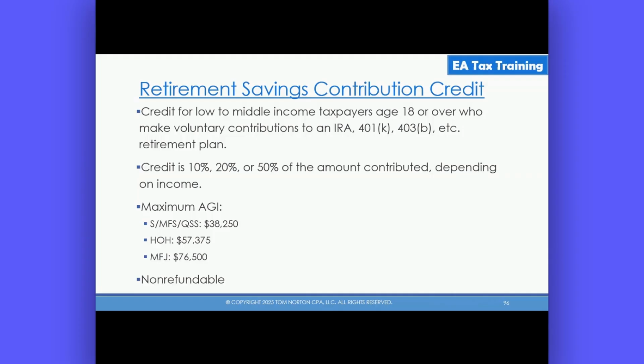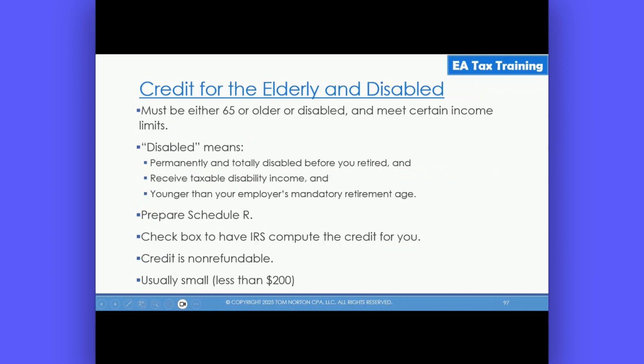This is only allowed for people with adjusted gross income under the amounts shown on your screen. So $38,250 if you're single, married filing separately, or qualifying surviving spouse. Double that amount if you are married filing jointly. And in between those two amounts, $57,375 if you are head of household. And this credit is non-refundable.